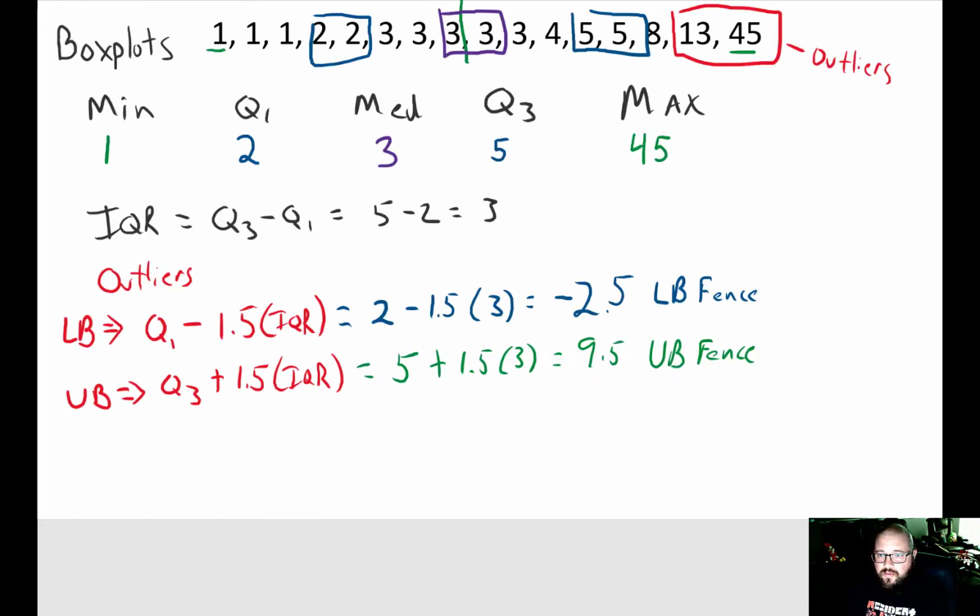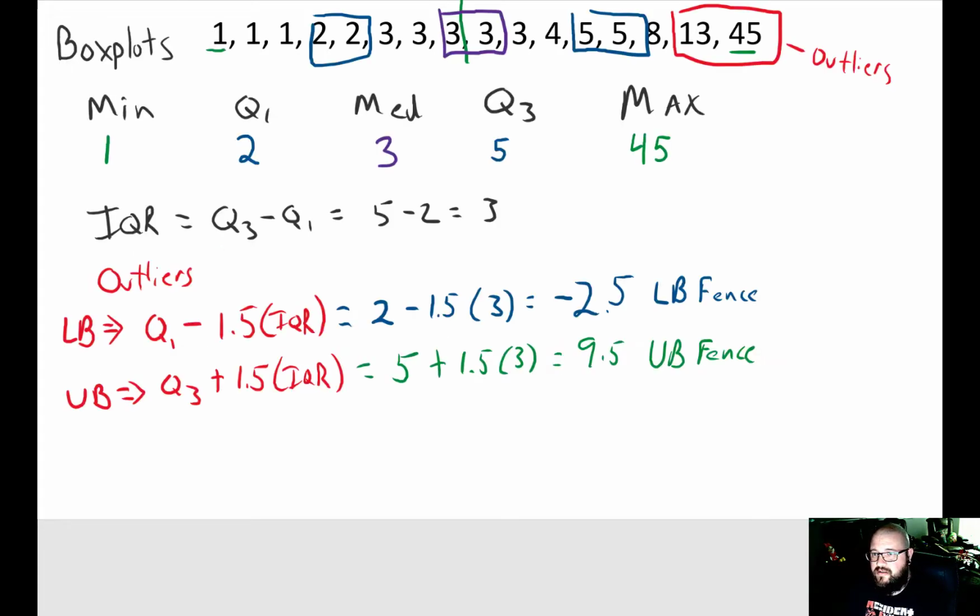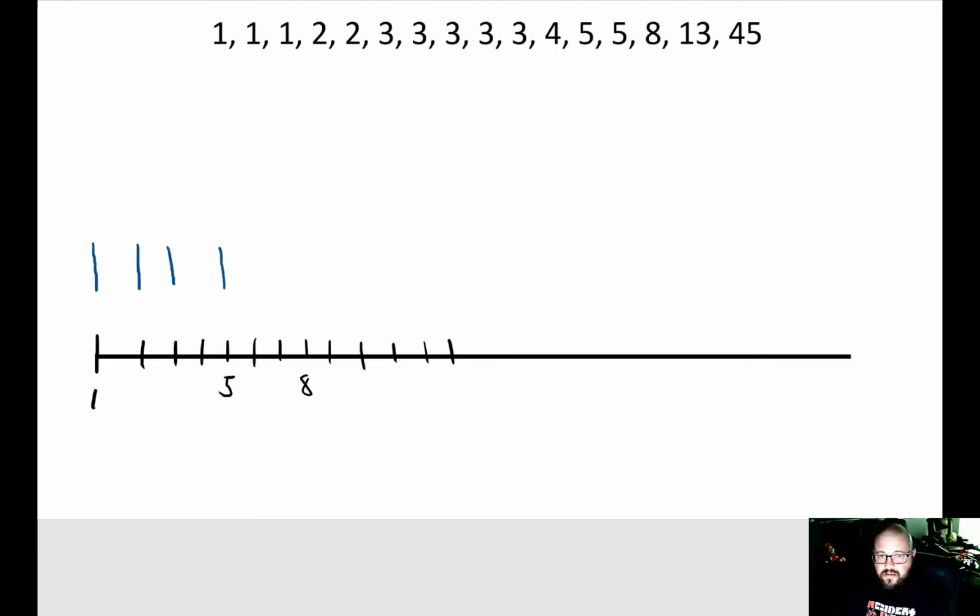We know our Q3 was at 5. So at 5, I'm going to label that one right here at 5. Draw another line. And then the highest value before we got to outliers was an 8. So therefore, then we've got our 8.